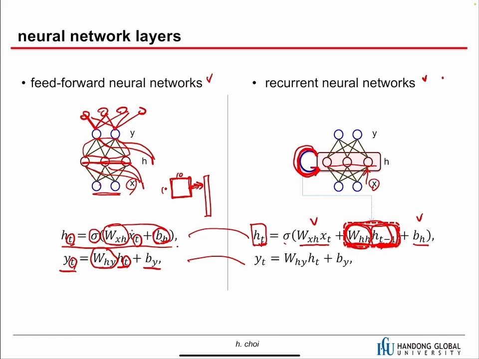Okay, and then the output layer is the same as feed-forward neural networks. So these are the basic equations of neural networks. Basically, matrix and vector multiplication, then the addition of bias, then applying some nonlinear function, and then stack these layers again and again and again to make it deep.